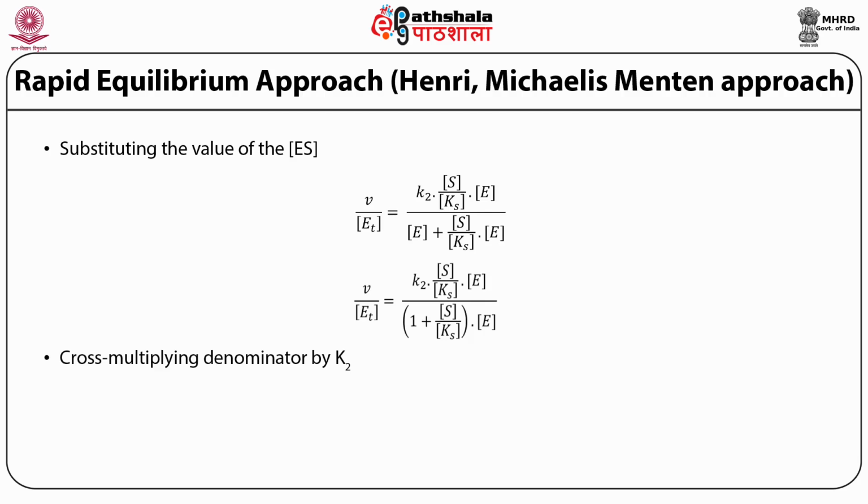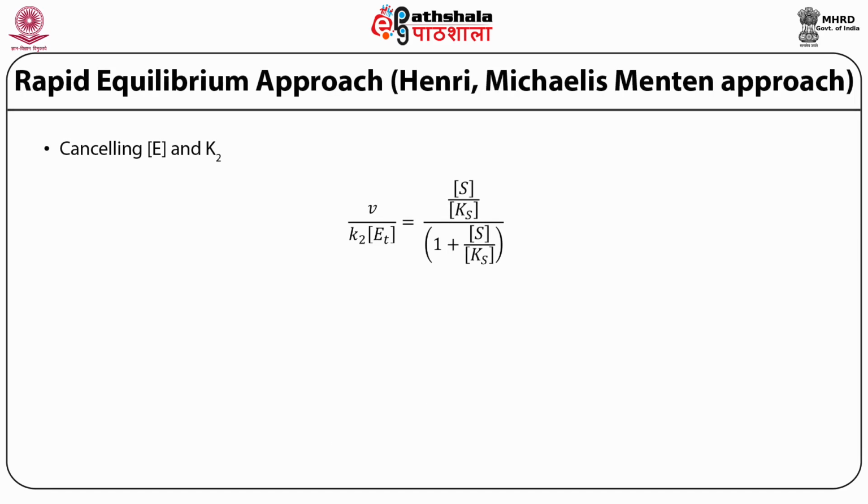When you cross multiply the denominator by K2, the equation becomes V0 is equal to K2 into Et is equal to K2 into substrate concentration divided by Ks into concentration of free enzyme divided by K2 in bracket 1 plus substrate concentration divided by Ks multiplied by free enzyme.